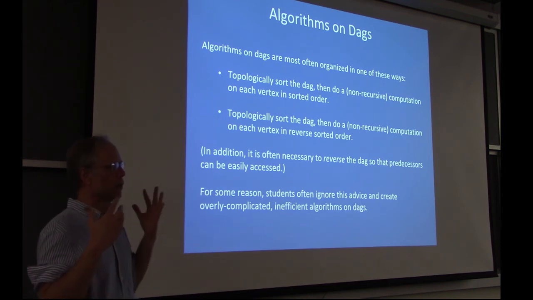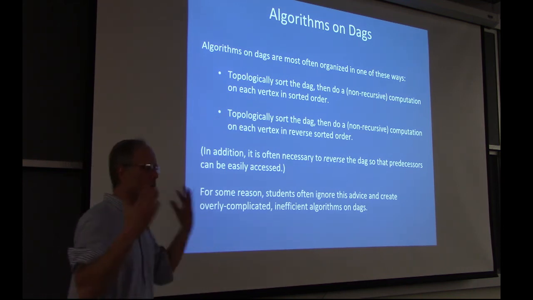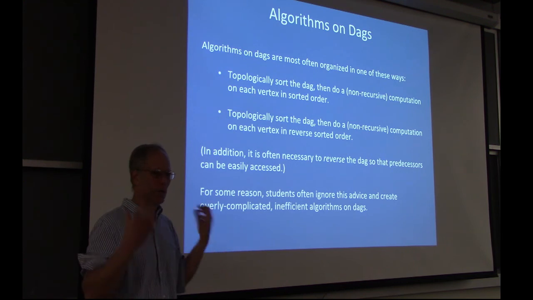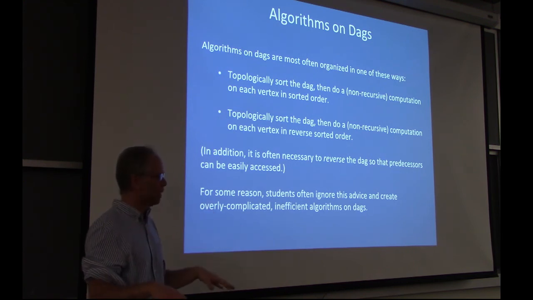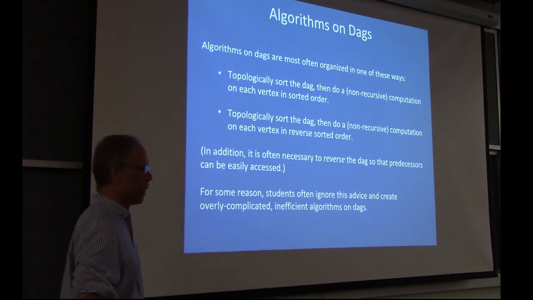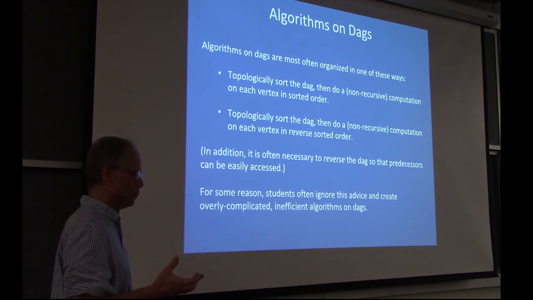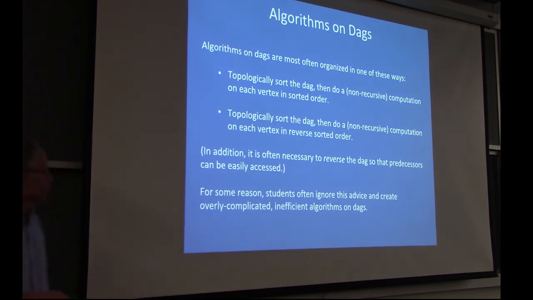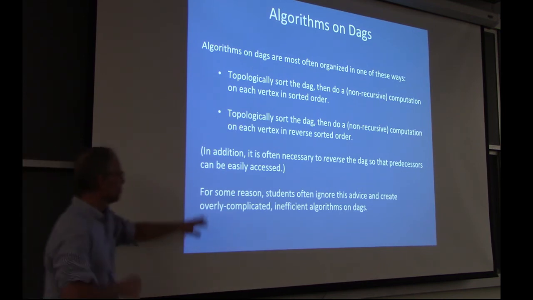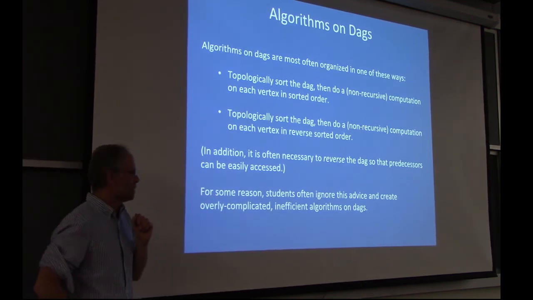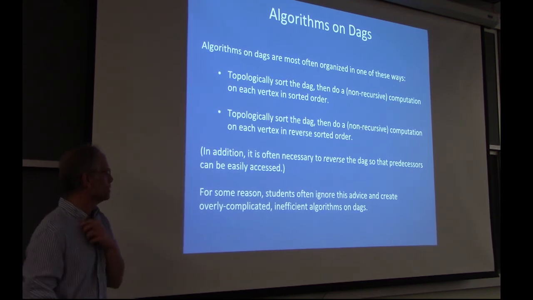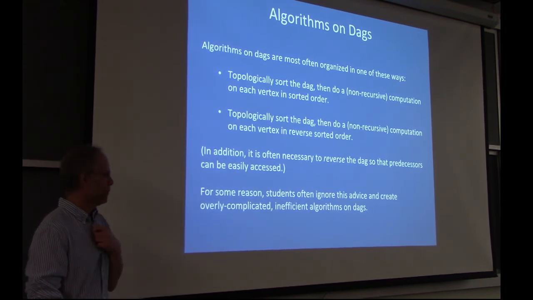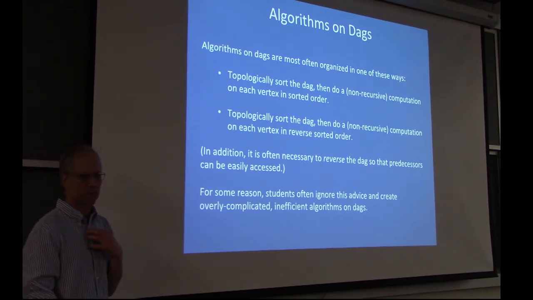In these algorithms, the recursion in processing a DAG comes in the depth first search that does a topological sort. Once you've sorted it, you don't need to use recursion to do the computation on the DAG. You just do a simple non-recursive computation in order. So the topological sort is just done to get the order in which to do the algorithm. For some reason, students often ignore this advice, and they create massively complicated, inefficient algorithms on DAGs.